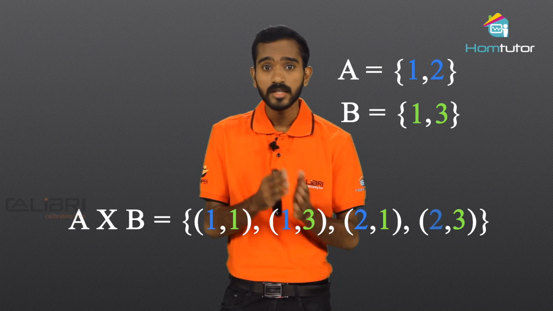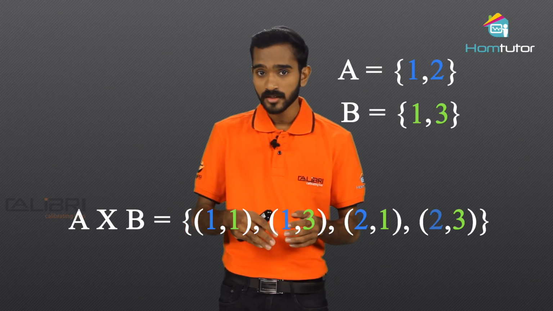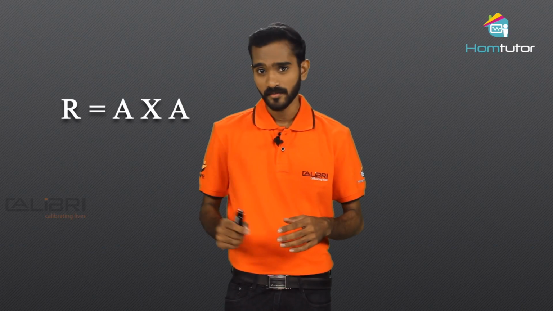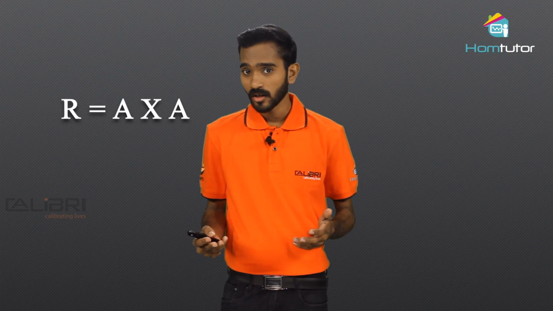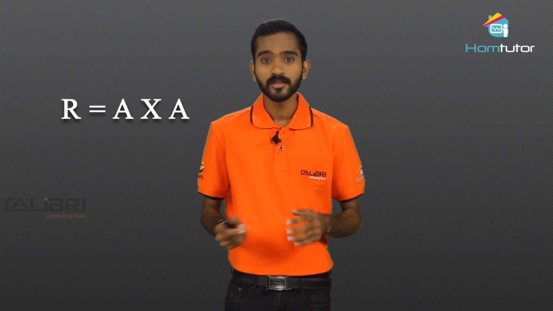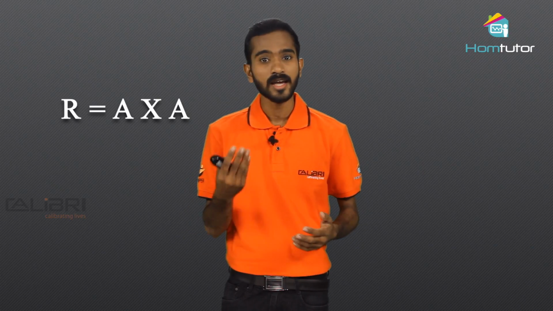So R is equal to A cross B. Thus, we have proved that R is a universal relation. Whenever you hear the term universal relation, the first thing that should rush to your mind should be the equation R is equal to A cross A. Though in general we say that the equation is R equals A cross A, it could be replaced with any sets as given in the question.